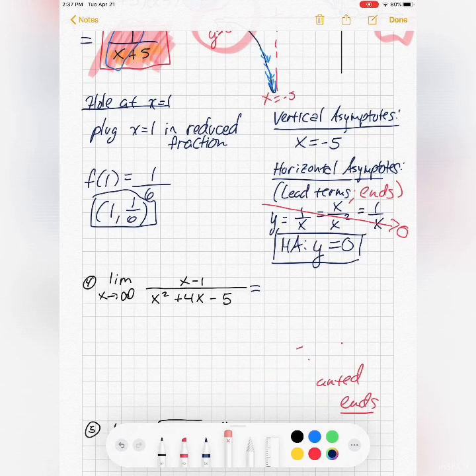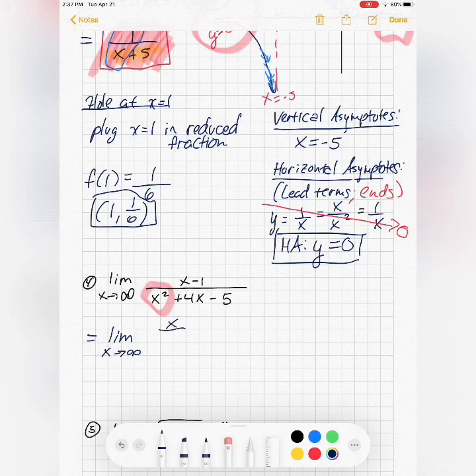What I'm going to do is justify that. I'm going to look at the rational function, and I'm going to look for the highest power of x that appears. So in this case, that would be x squared. And so what I'm going to do is divide all terms in the rational function by that highest power of x.